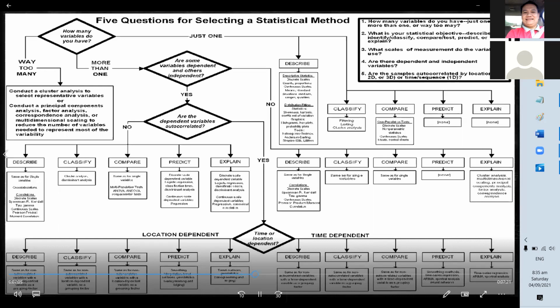Then we're going back to the objective of the research or the study. Are we to describe, classify, compare, predict, or explain? For example, we are to compare, and that means the ANOVA test and the suggested methods that we take.